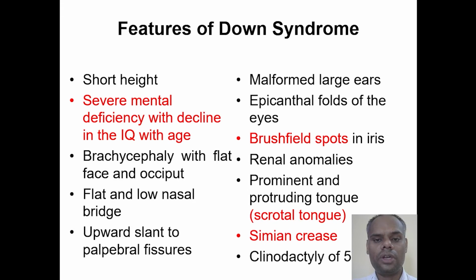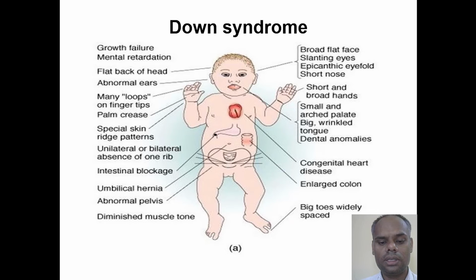The clinical features of Down syndrome are short height, malformed large ear, severe mental deficiency with decline in IQ with age, epicanthal fold of the eye, Brushfield spot in iris, brachycephaly with flat face and occiput, renal anomalies, prominent or protruding tongue, scrotal tongue, flat and low nasal bridge, upward slant of palpebral fissure, simian crease, and clinodactyly of the fifth digit.